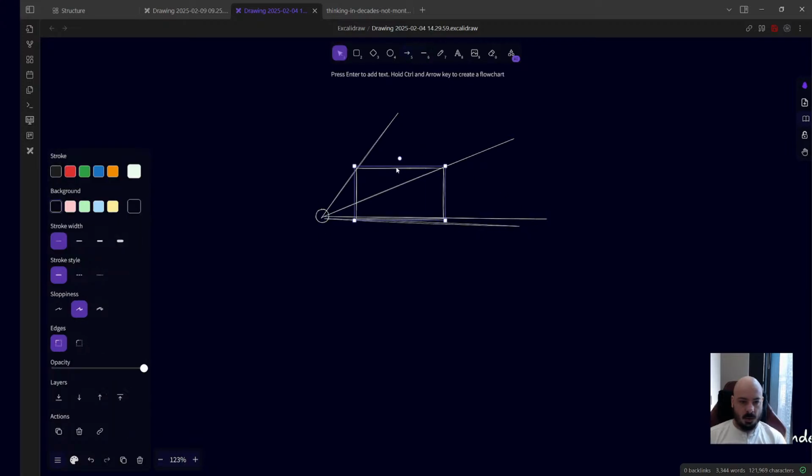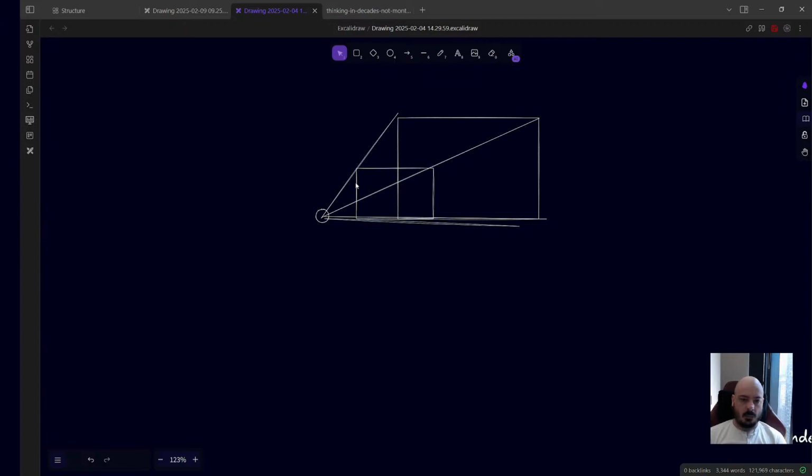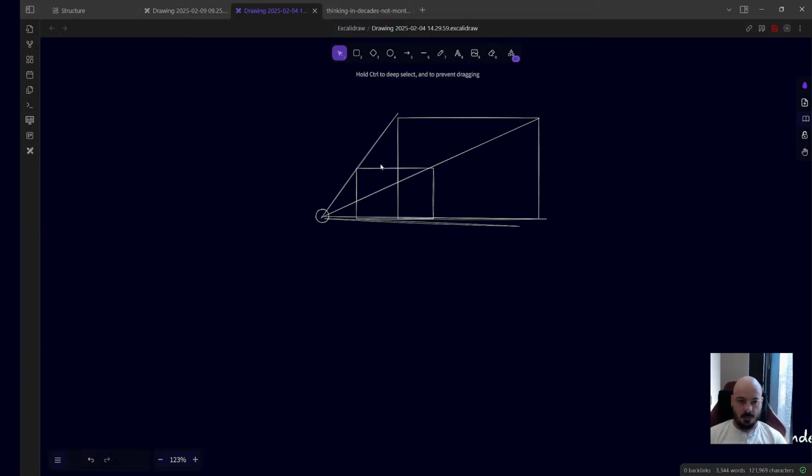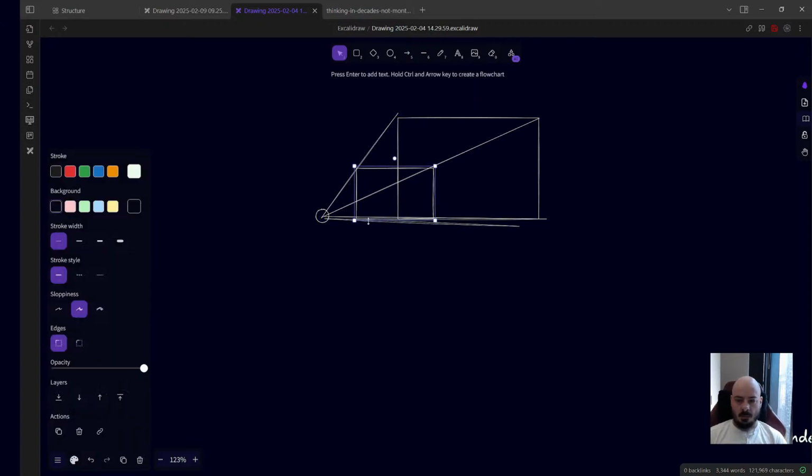And then we've got a near plane and a far plane. And this has to line up, actually. And so we're talking about the distance between these two. Is that what this is, essentially?